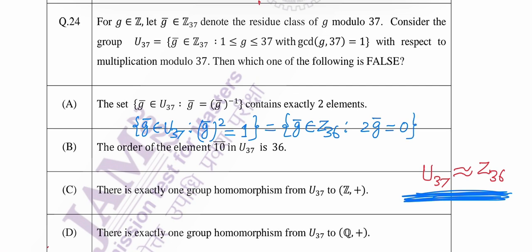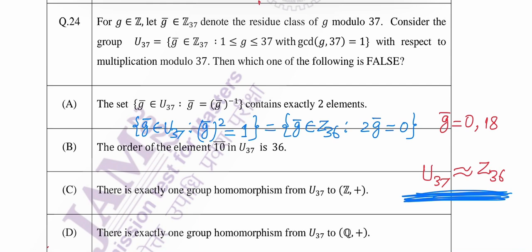So we have to find those elements of Z36 whose addition with itself gives 0, and when you go to find, you will have only two elements. Those elements will be the identity element itself: 0 plus 0 is 0, and the second is 18. 18 plus 18 is 36, and mod 36 that is 0.